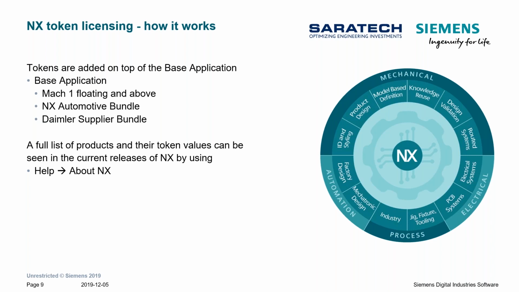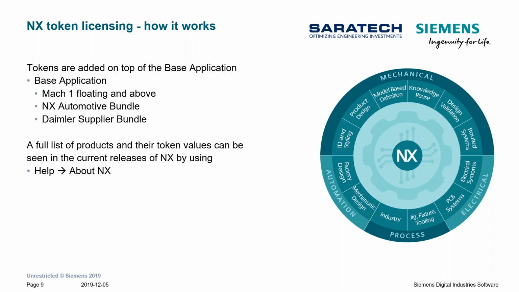And some of you even may be more dedicated towards Daimler, depending on what configuration you have. So you have the base license, which is your core NX products. And this is really talking about the strength of all the things that sit around the core modeling tools, which give you access to more functionality.